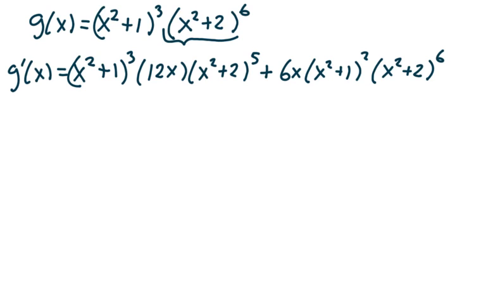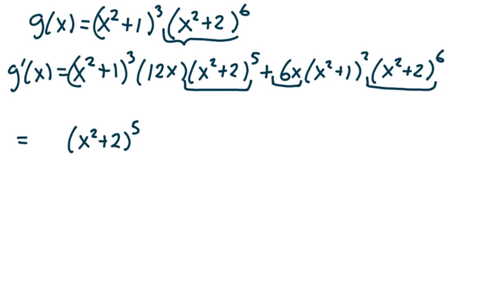Okay. Now, the question becomes, what's in common? Because we have to factor out. Now, between x squared plus 2 to the fifth and x squared plus 2 to the sixth, I'm going to factor out an x squared plus 2 to the fifth because 5 is less than 6.